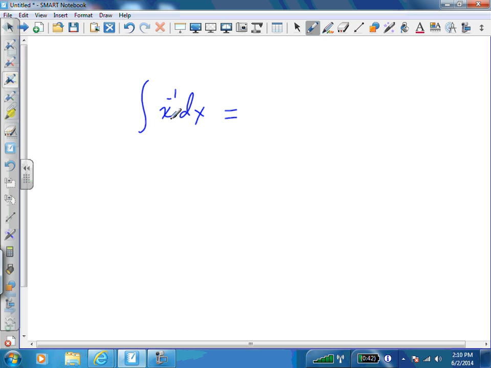If we try to integrate this using the power rule, what is 1 greater than negative 1? 1 more than negative 1 is 0 over that power. So what's wrong with this? Can't divide by 0. So if we try to use the power rule for x to the negative 1, we have a flaw. When we do x to the 1 greater power over that power, that's undefined.